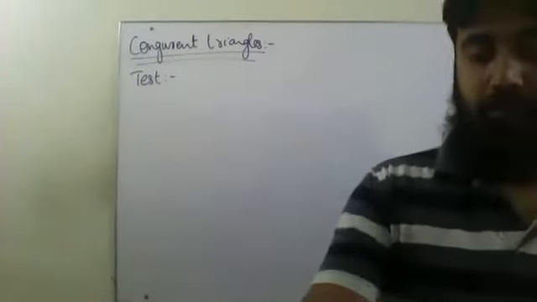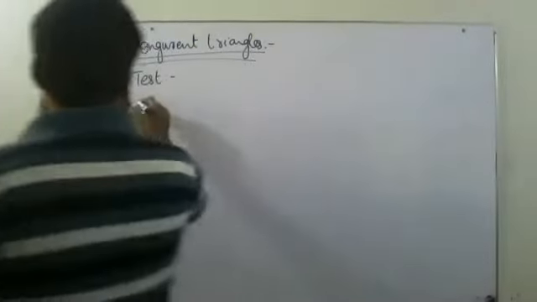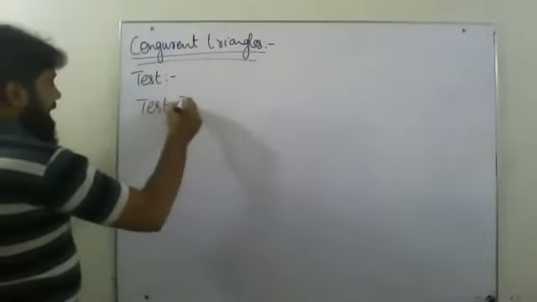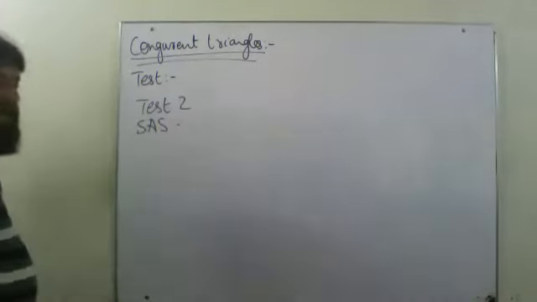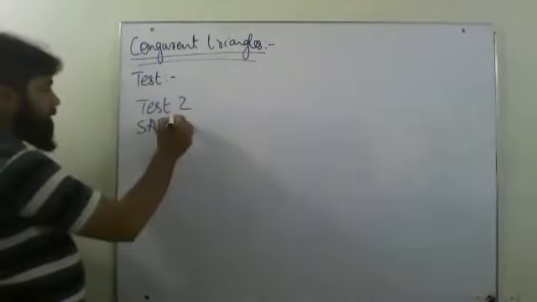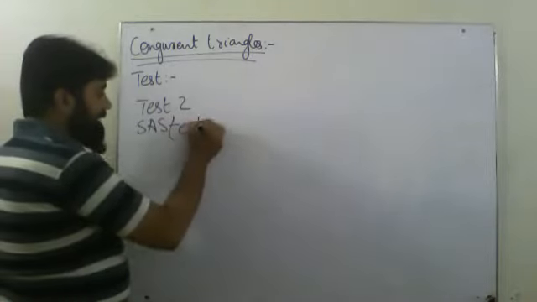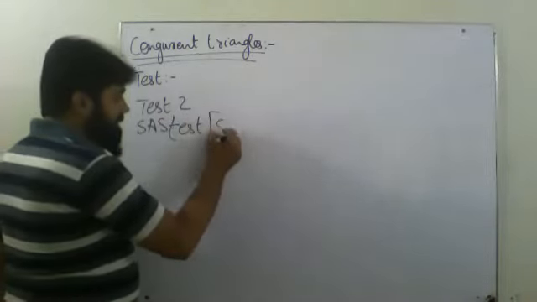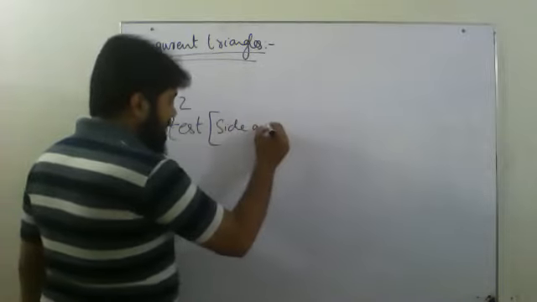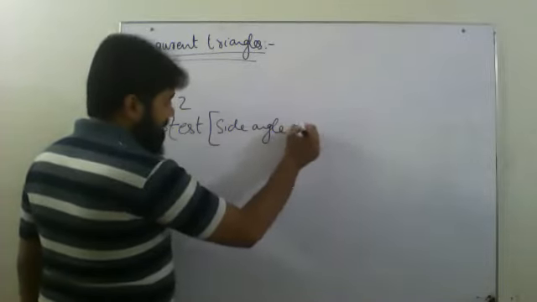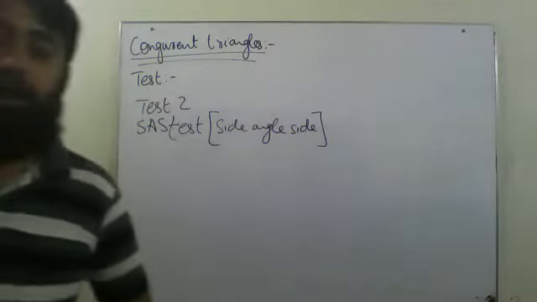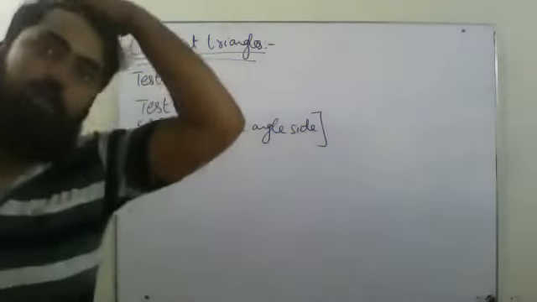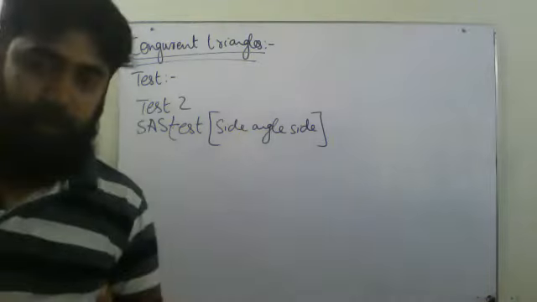Okay, test number 2 is called the SAS test. That is my test number 2, and SAS test means the side, angle, side test, which we are going to do on a pair of triangles to check whether they are congruent or not.